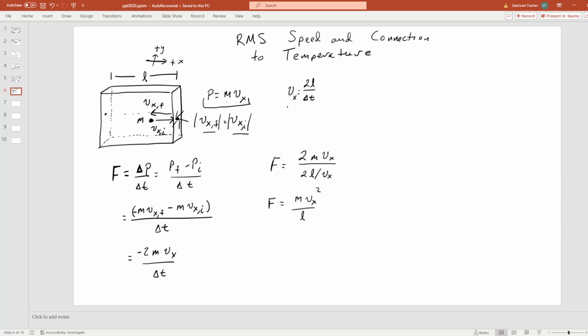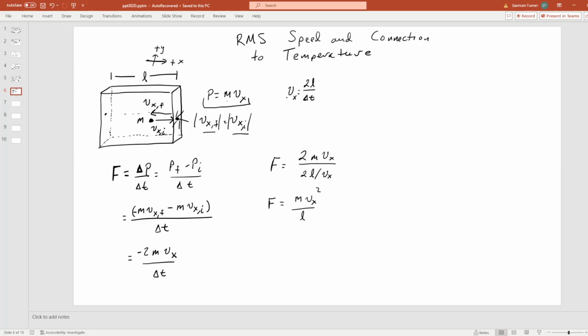The velocity magnitude is not going to change, so we can drop the f and the i subscripts with impunity here. In doing that, first of all, the change in momentum itself becomes negative 2m Vx, and this is still divided by delta t.